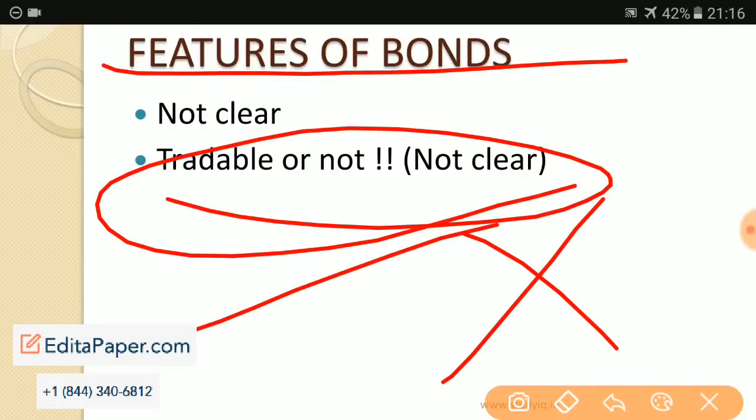I am the government, you are the non-banking financial company. You are giving me money. Now let us say you need money for some purpose. It is unclear whether you would be able to keep those papers as collateral for a loan, or whether you would be able to sell them in the secondary capital market. These features are unclear, and as they become clear, I would update you with time.